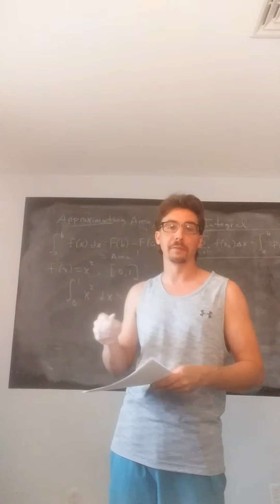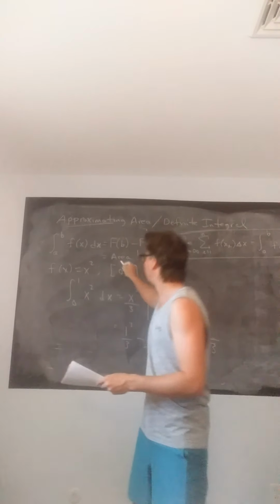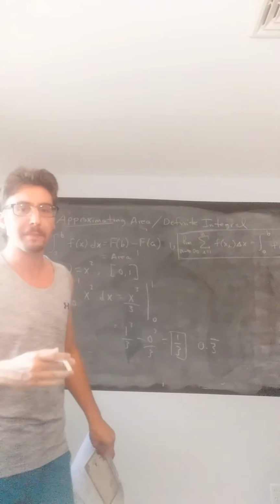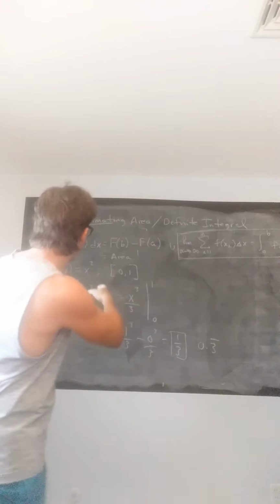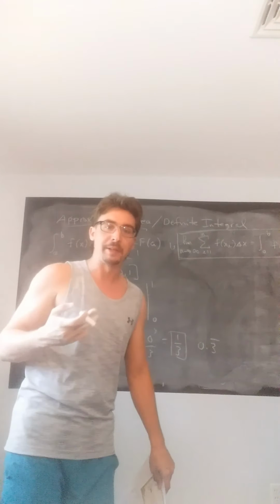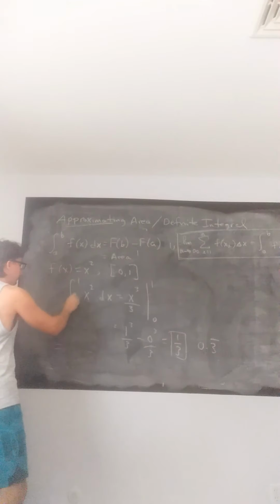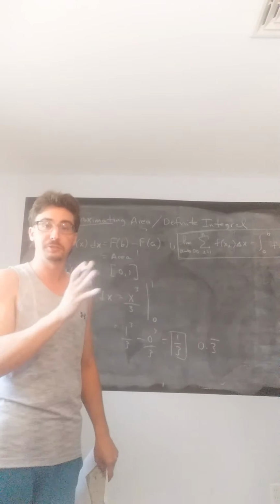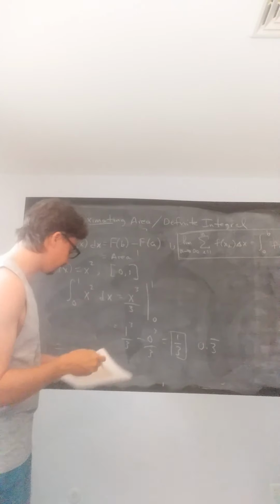What I did for you as a bonus, I went through and showed you how to use the evaluation theorem to get the actual area so you could practice. And that'll be one of our upcoming topics: how do we do more sophisticated definite integrals, like when we have to use substitution? Because we can't just leave these same bounds here, we actually have to change those, but that'll be for another day. I'll show you how you do that, and I'll show you the cheat version of that. Okay?